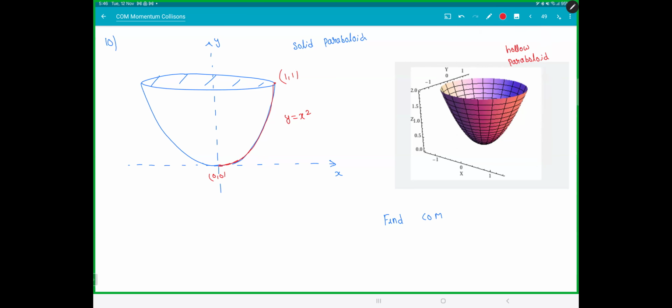So just to give an idea, how do we take elements? We take elements as disks. We take thin disks. Try. You got a minute or two.